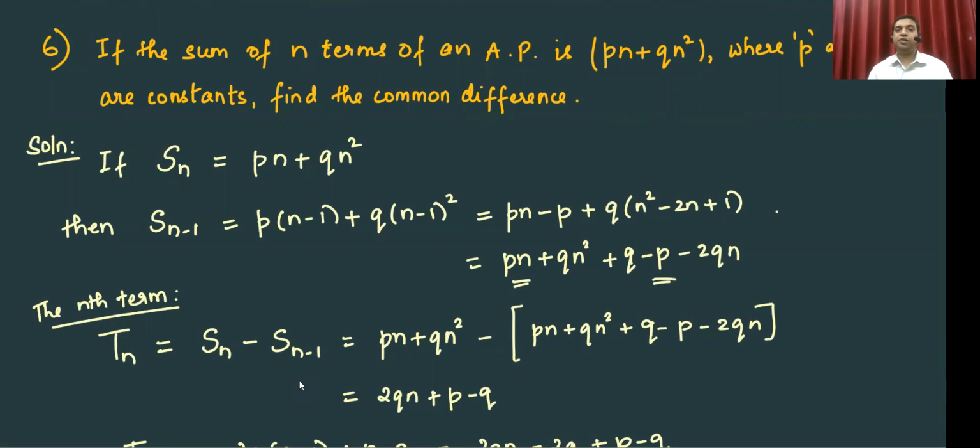Sum to n terms of an AP is given. Find the common difference. Another way to do it is, if you put n equal to 1, the first term will be P plus Q. Then you put the sum to n terms, n by 2 into 2a plus n minus 1 d, and equate, you can find the common difference.